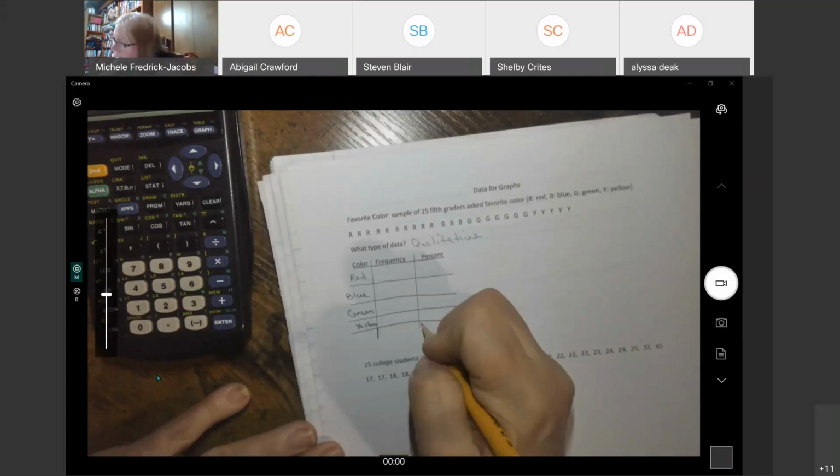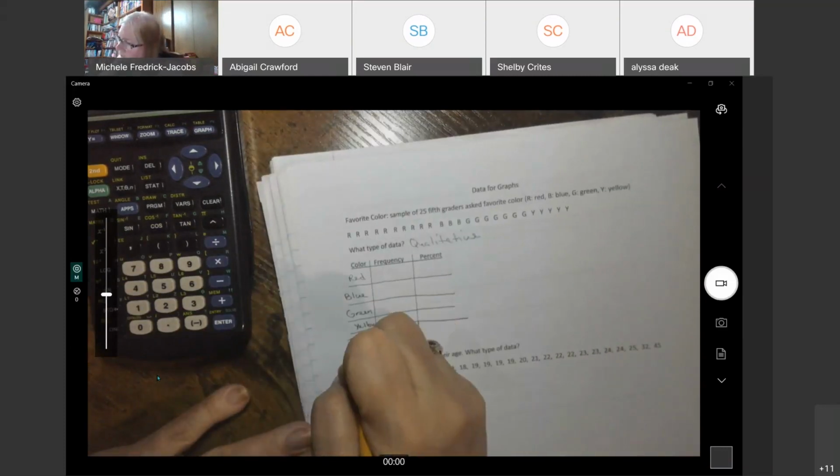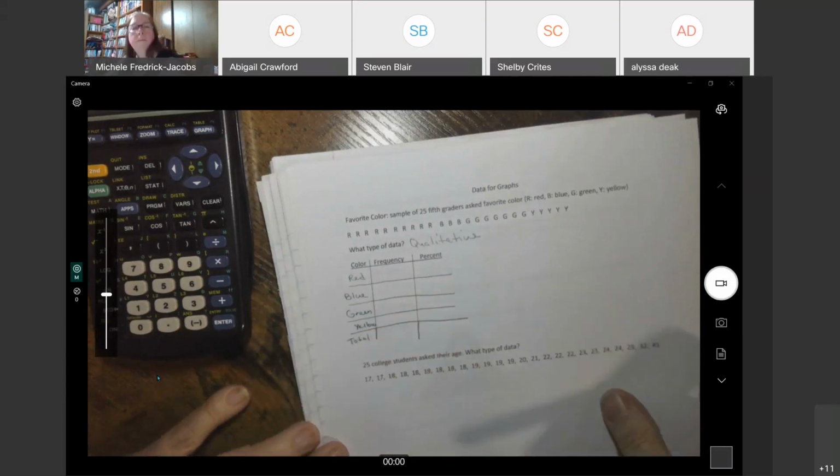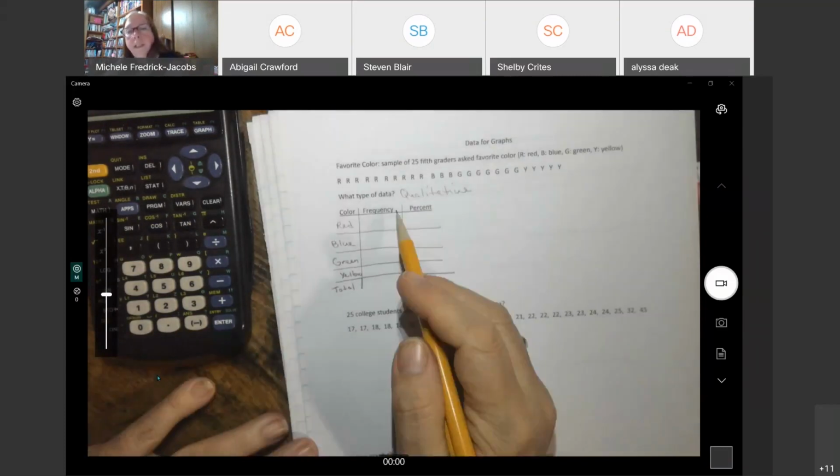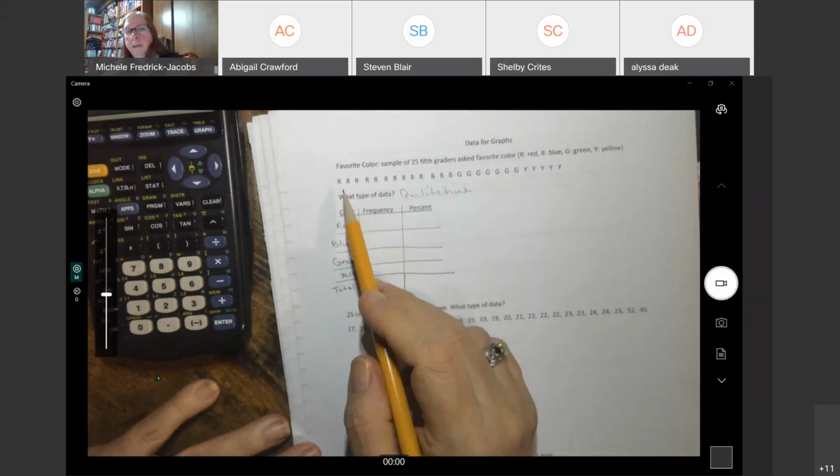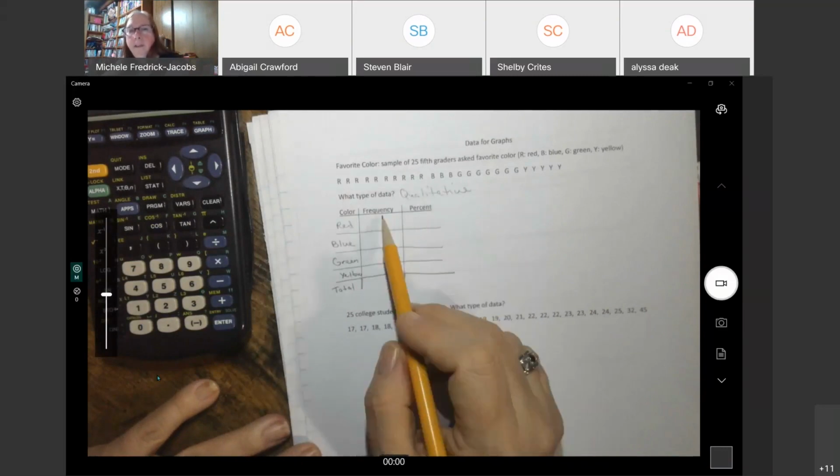And I'm going to add them up. Frequency is how many there are. So if we count the number of red, that would be its frequency.